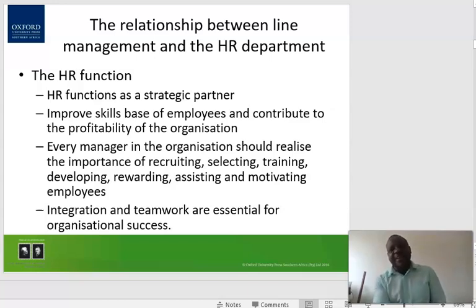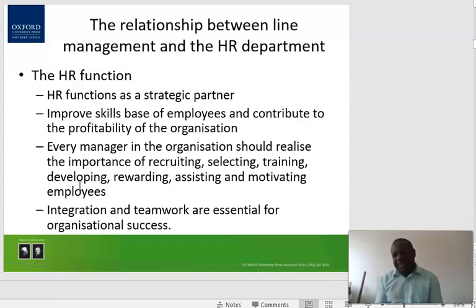So now, in looking at the relationship between line management and the HR department, it's important to come back to this point where we are saying every manager in the organization, be it a manager in the HR function or a manager in the operations or production function, a manager in the marketing function, or in whatever function we may think of, for as long as they have subordinates that report to you, you should realize the importance of recruitment, selection, training, developing, rewarding, assisting, and also motivating employees.